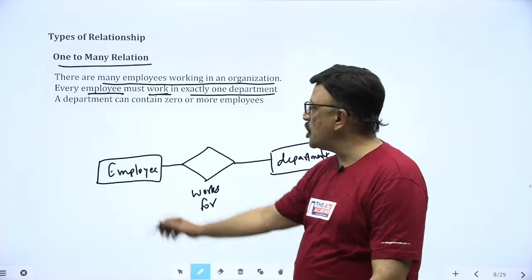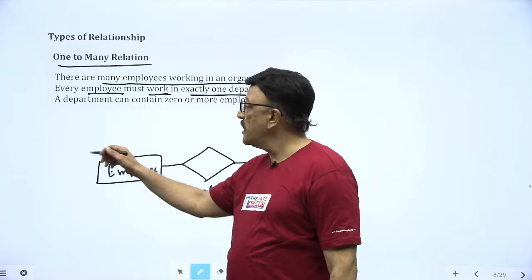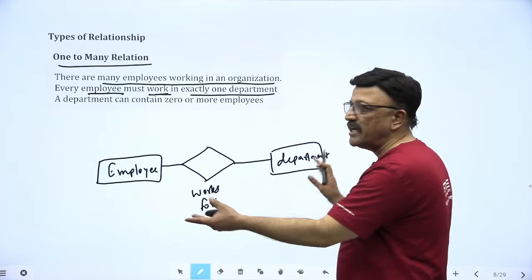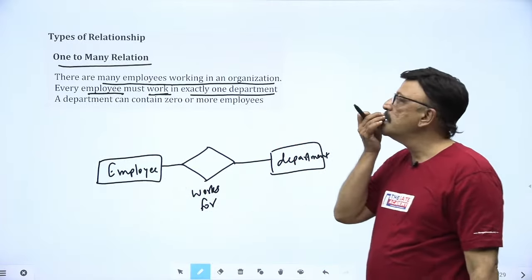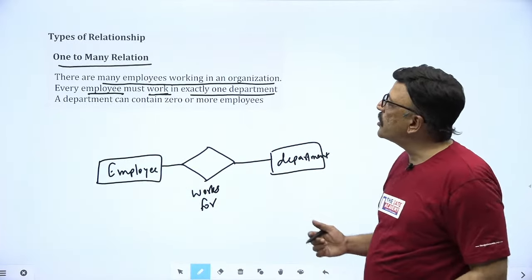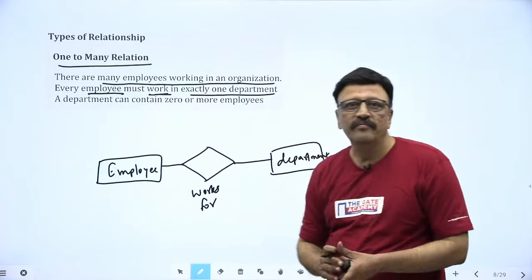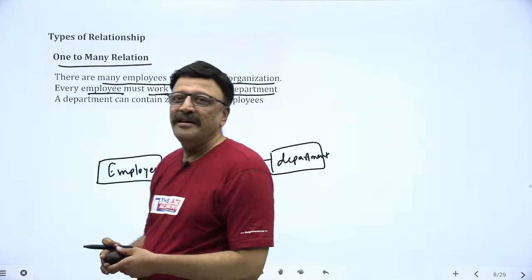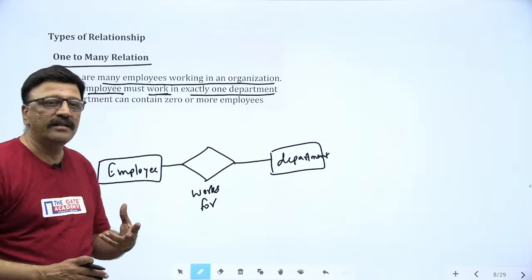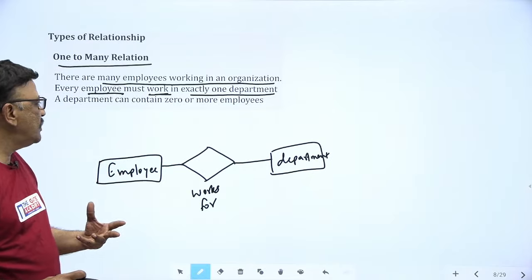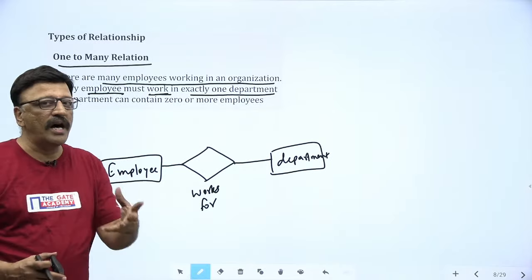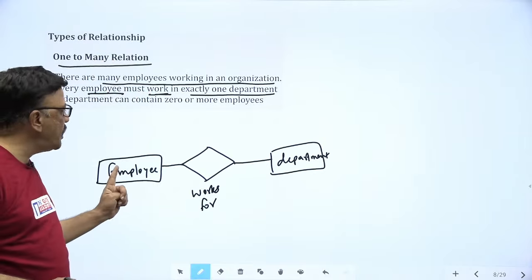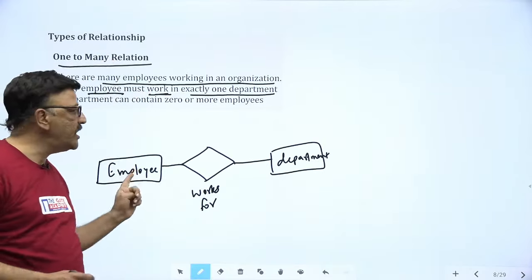Of course, we are not spending time showing attributes like employee ID, name and all that. You better understand that if there is an entity, there will be some attributes. But what is most important is what the cardinality should be. Think over it. My question on the chat is, okay, I'll disclose the answer partly. It is one-to-many. So 1 should be written on which side, employee side or department side?